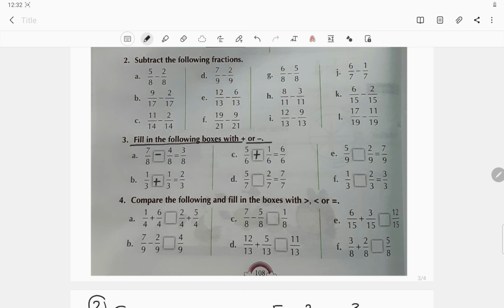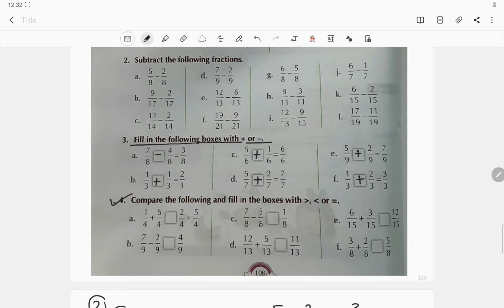So since the result is a bigger number than the addends, the operation must be plus. E number, similarly it will be plus, because 5 plus 2 is 7, and F number, it will also be plus, because 2 plus 1 is 3, and 3 by 3 makes a whole.